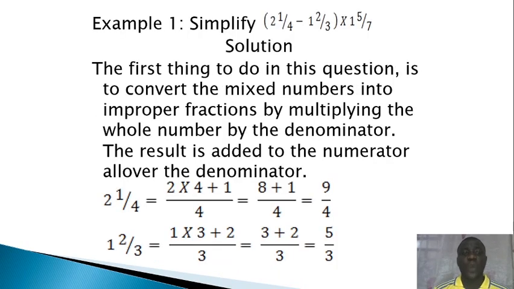So the next one we are looking at is the example above. You see the example here, you find out that it is made up of mixed numbers, an open bracket, multiplication and subtraction. But before you look at anything in this solution, the first thing you need to do as a mathematics student is to change all the mixed numbers into their various improper fractions.